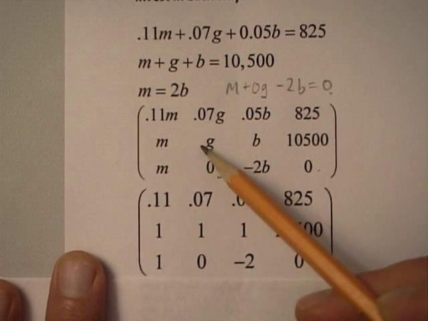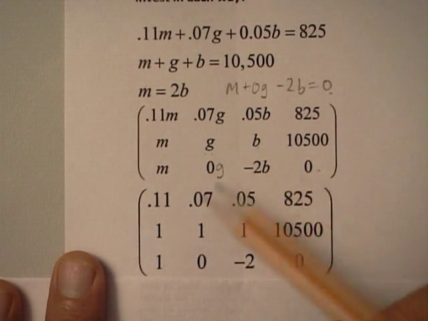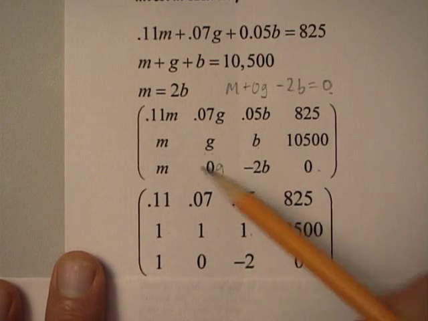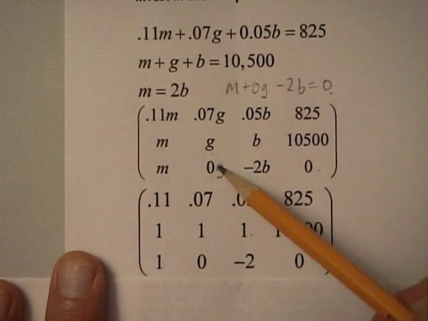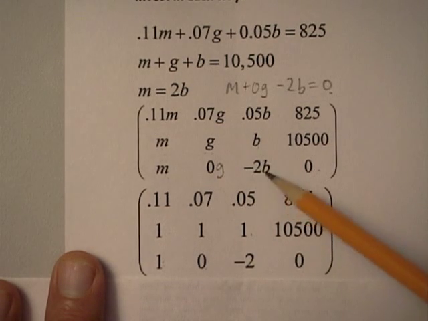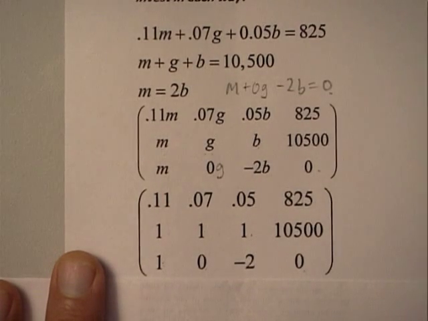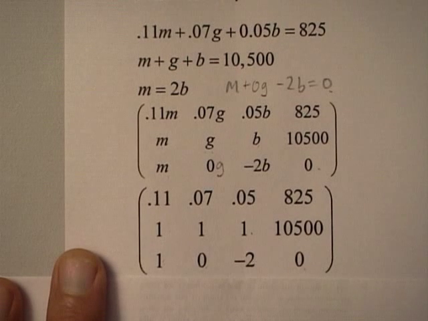Notice there's a 1 in front of each one of these: 1 times M, 1 times G, 1 times B, so I put a 1 in there. And here I have 1 times M, no G, 0 times G, so 0, minus 2 times B, and here's my 0 over there. Okay? So this is how you take a situation, like that paragraph, that you can rewind the video and read again, and turn it into a matrix.